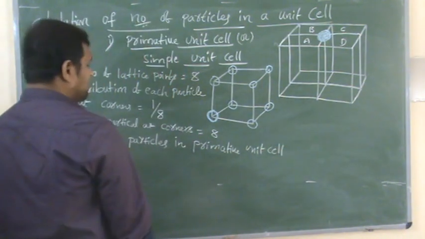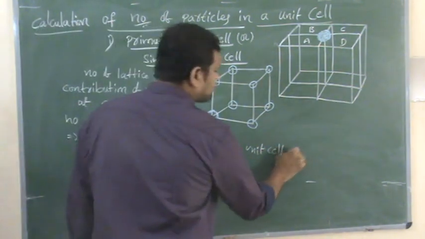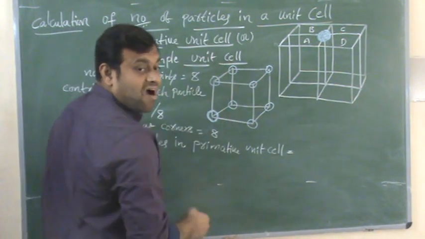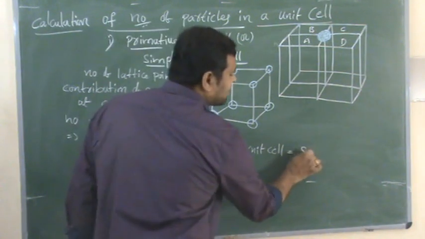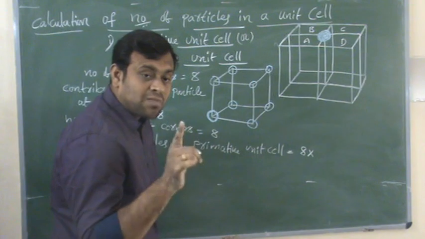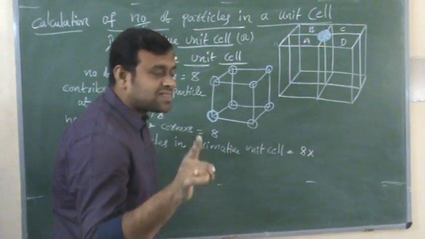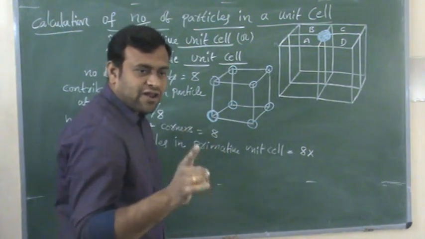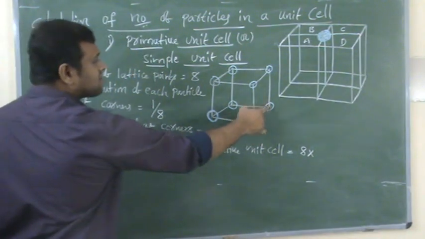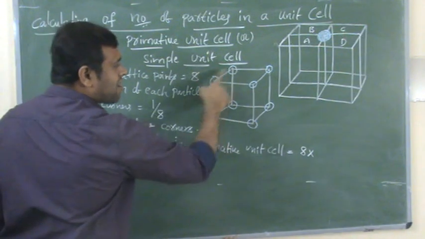The number of particles in a primitive unit cell is equal to totally how many particles at corners? How many corners are there? 8 corners. Each corner contains how much of a particle? 1 by 8 of a particle. Is it correct or not? Are you following? Yes. So there are 8 corners and 8 particles at corners.